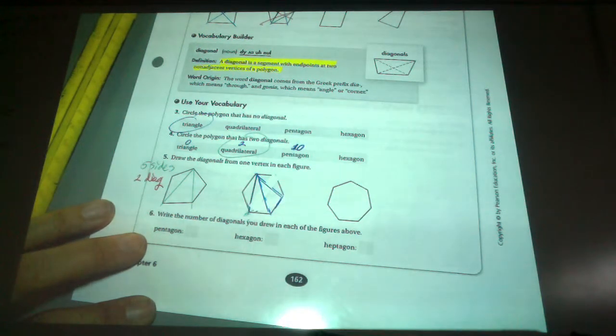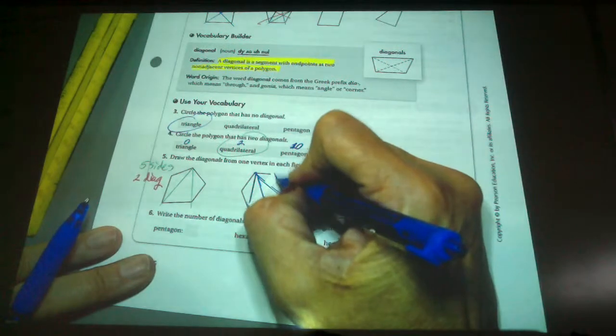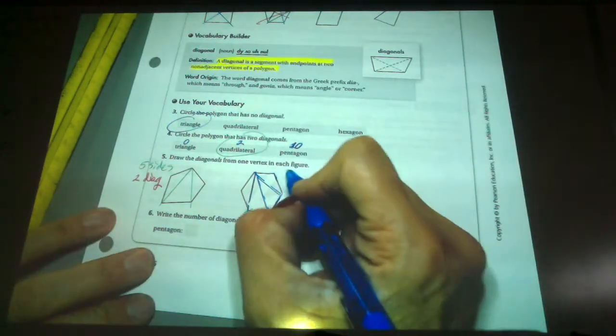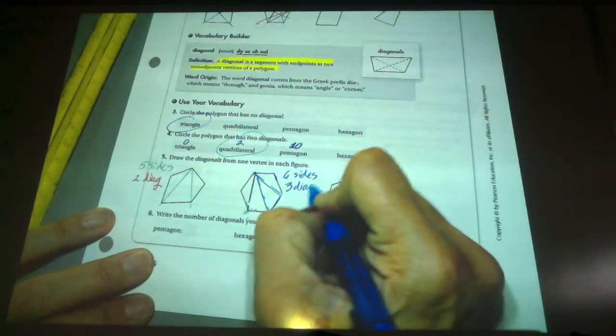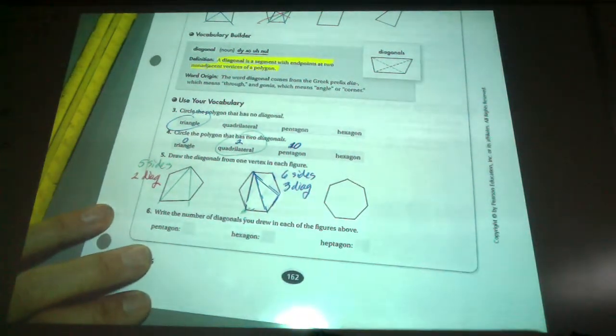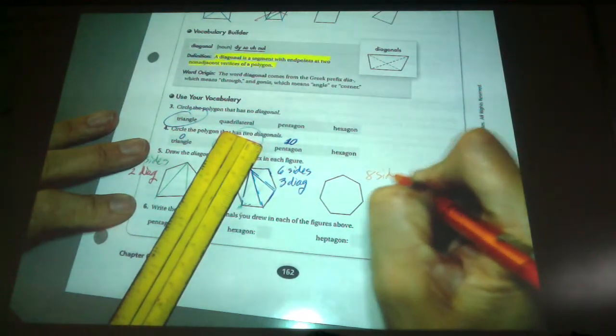This one has 6 sides. And it had 3 diagonals. This one has how many sides? 8 sides, right?